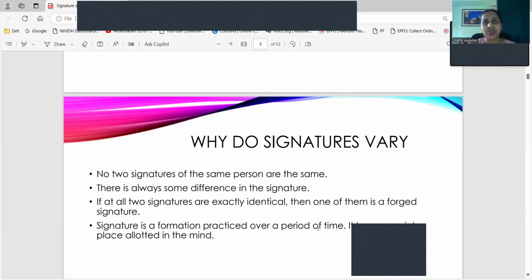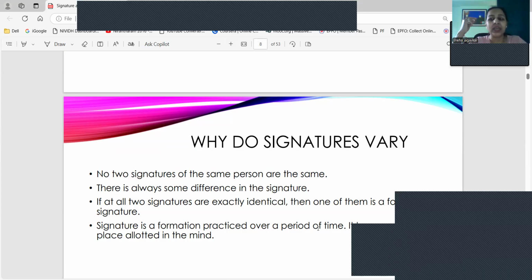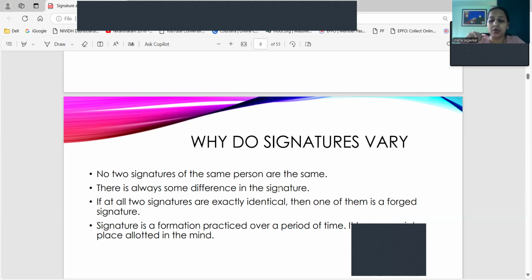So now imagine yourself, you are in a bank, or you are about to sign some very important legal document, right? Automatically, our brain becomes completely conscious, because I'm going to put my signature on this legal document.